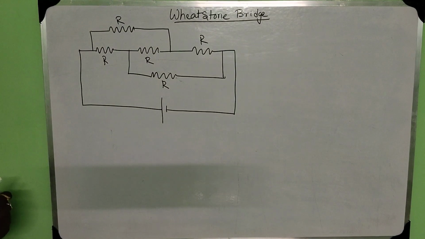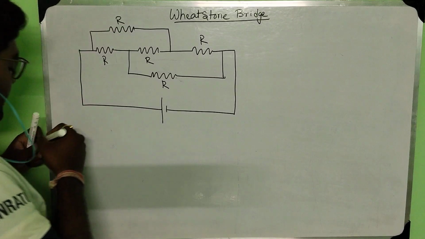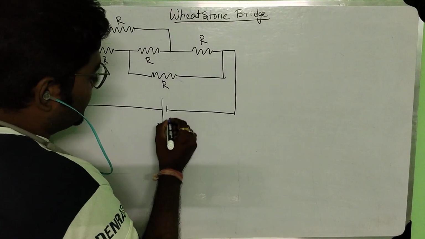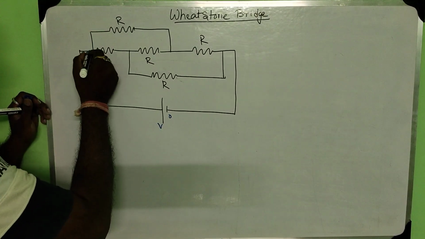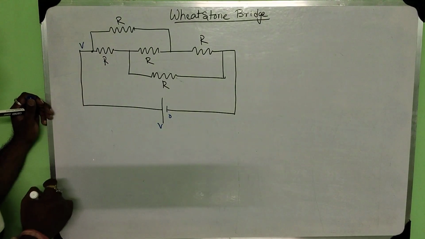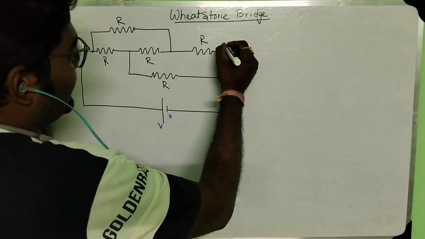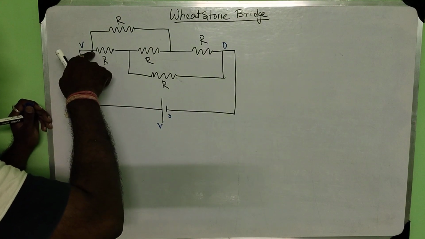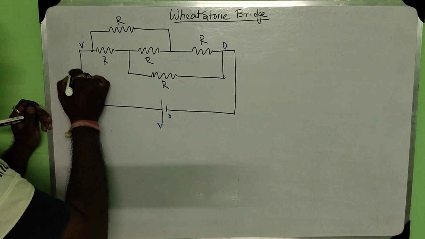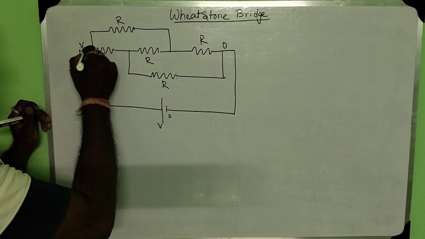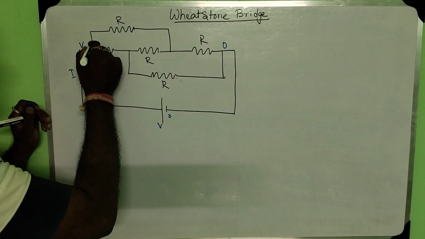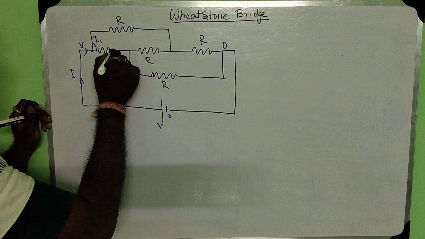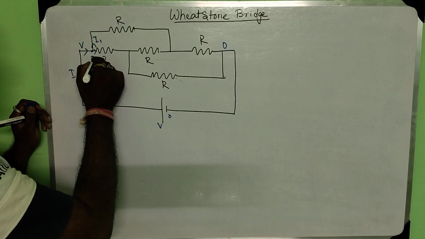So what do we have to do? Again, we take this as V voltage, and at this terminal there is zero voltage. Now there is a current flowing in this branch like this, so there is a current division. Here some current I1 will go, here some current I2 will go.